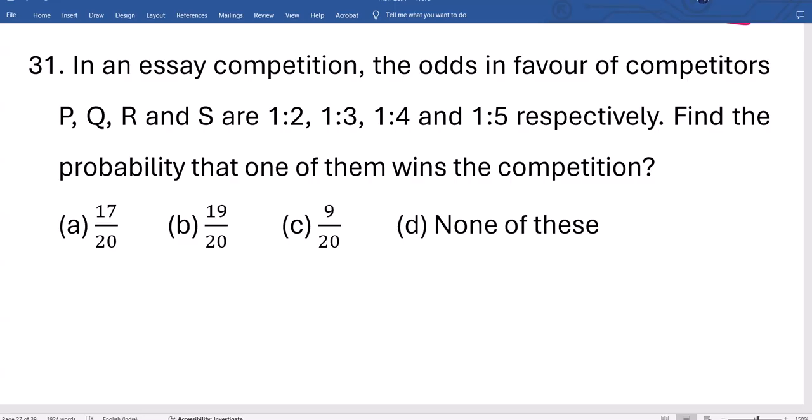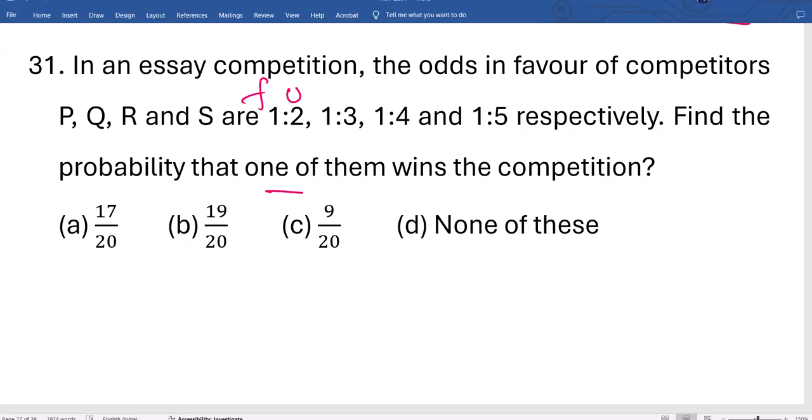Odds in favor of is favorable to unfavorable. The probability of favorable is 1 by 3, since total is favorable plus unfavorable. But odds in favor of means the ratio of favorable to unfavorable.